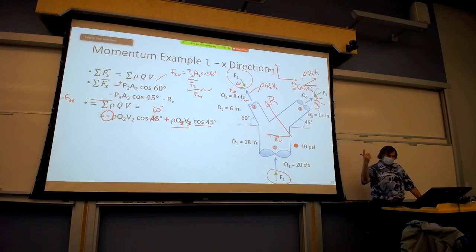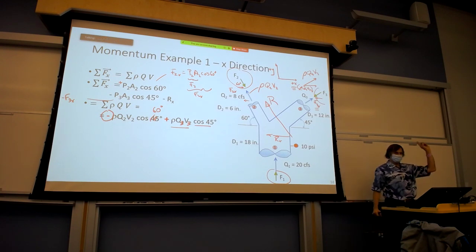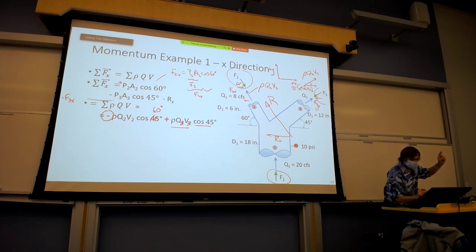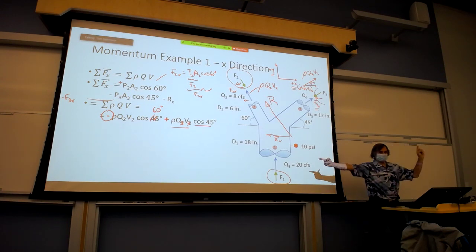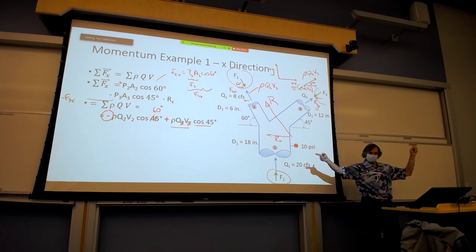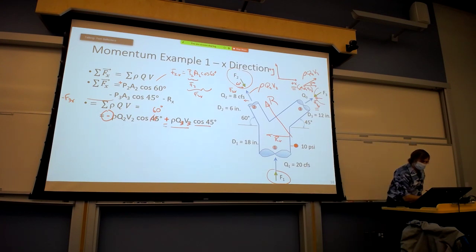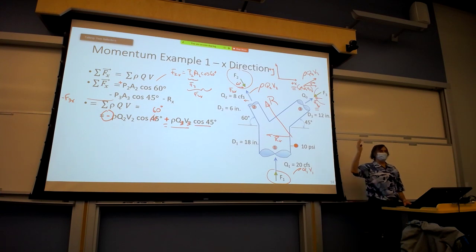And two sign conventions. It's leaving the control volume, positive. The velocity vector is in the positive x direction, positive. Positive times positive is positive. That's why we have a positive sign in front of it. There is no component of the momentum flux in the x direction at location 1. Location 1 is all collinear with the y.